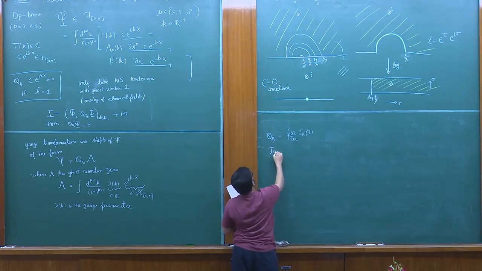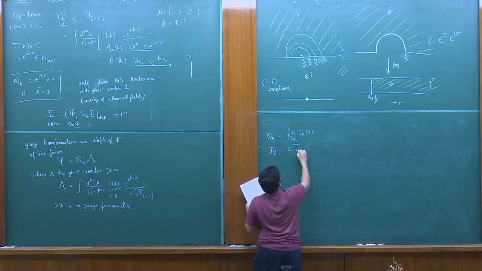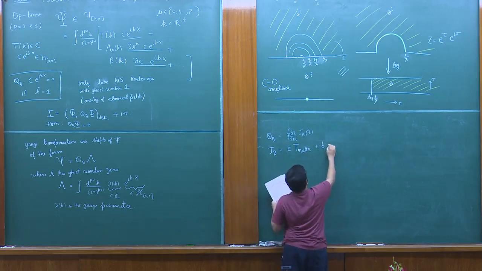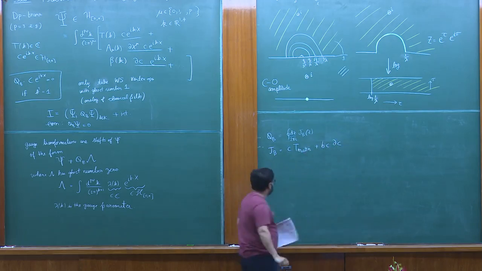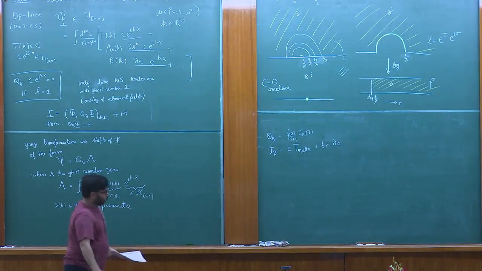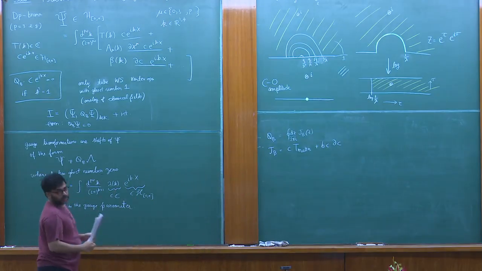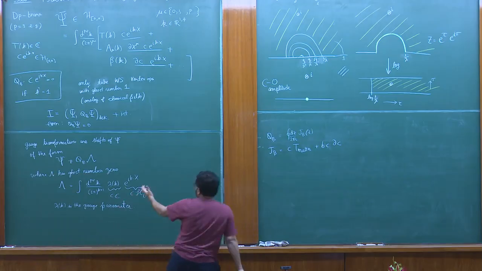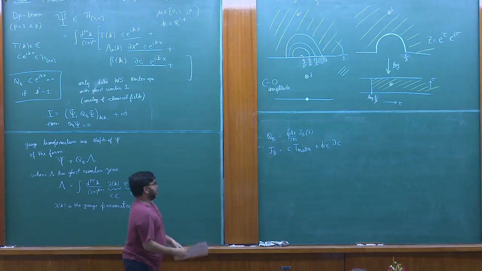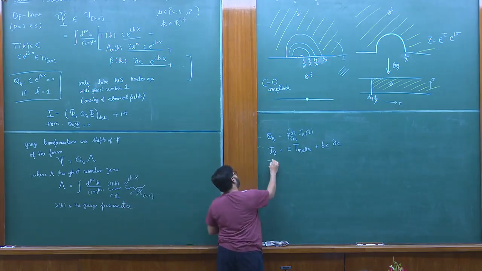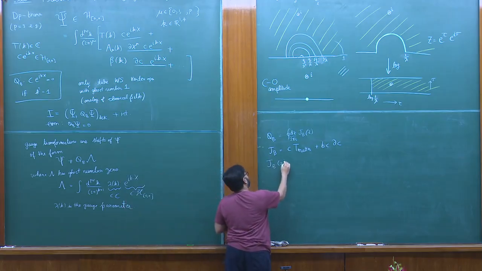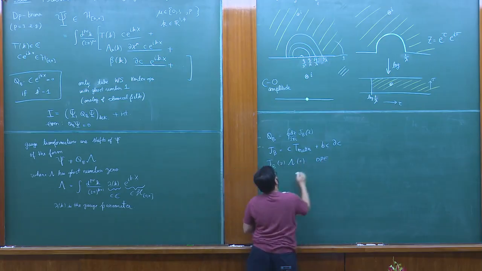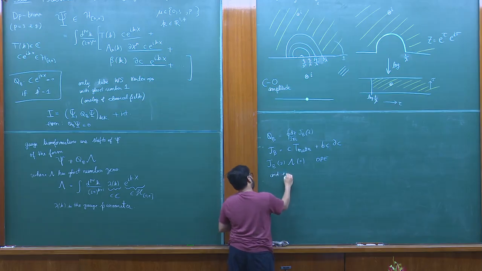And JB is c times the stress tensor of the matter sector plus b c partial c. That's it. That's simple in the bosonic string. That's the BRST current. Now, the way you apply QB on some operator is you take the JB of z, lambda of 0 OPE and extract the pole term.